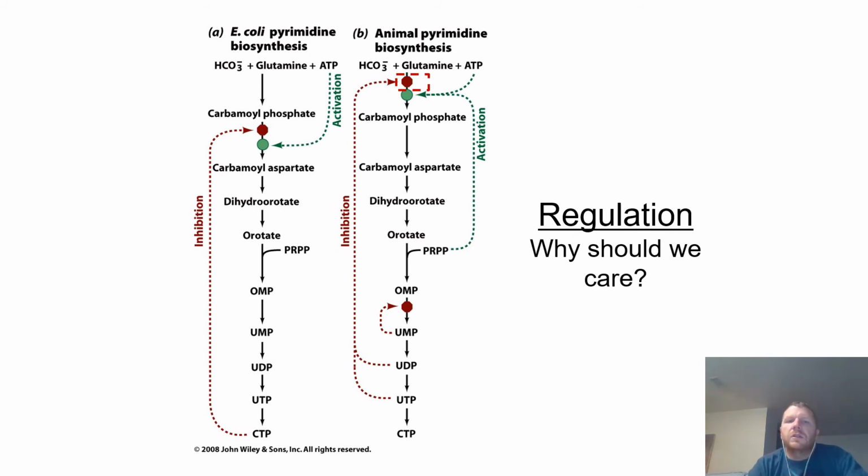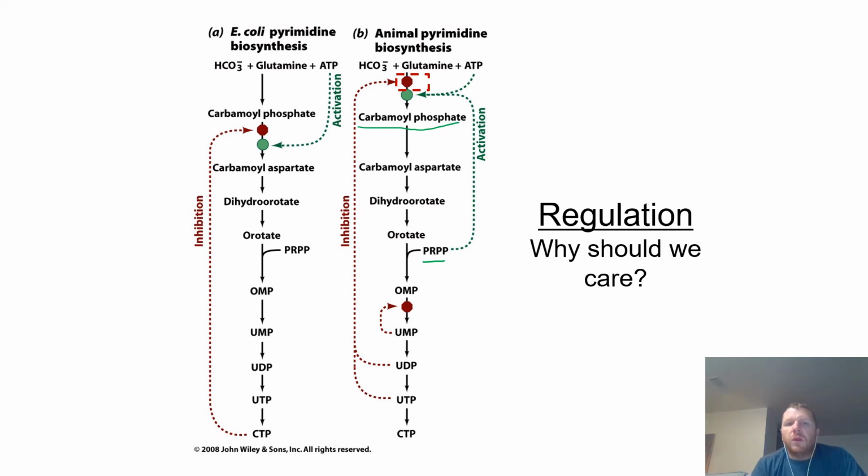In contrast to that, in animals, we've got ATP that is driving the synthesis of carbamoyl phosphate. So that's going to be increasing the concentration of our carbamoyl phosphate. So that activation by ATP is also joined by the activation by PRPP.